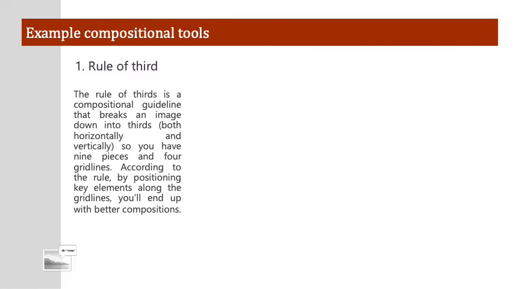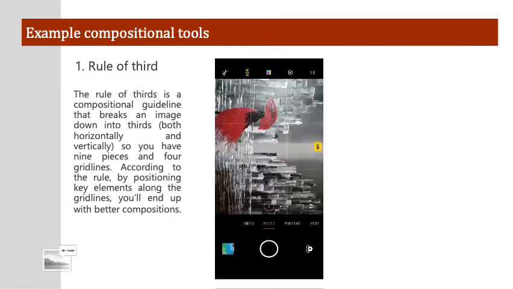Here we have an example image which we will use to describe what the rule of thirds is. I think you're all familiar with this, since most of you are fond of taking pictures with your mobile phone. Some of you might be into phone photography, so I guess you're all familiar with this. Now this is what we call the rule of thirds. Now this little grid line here, if it is visible.